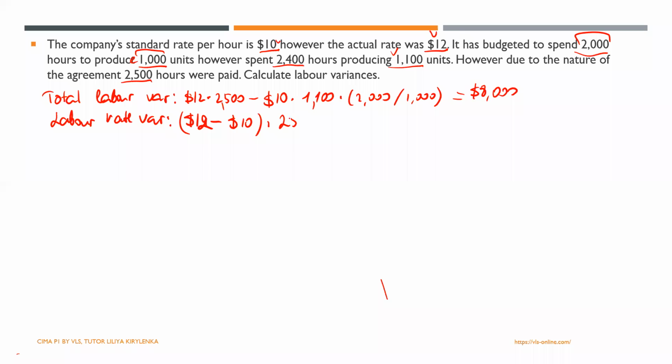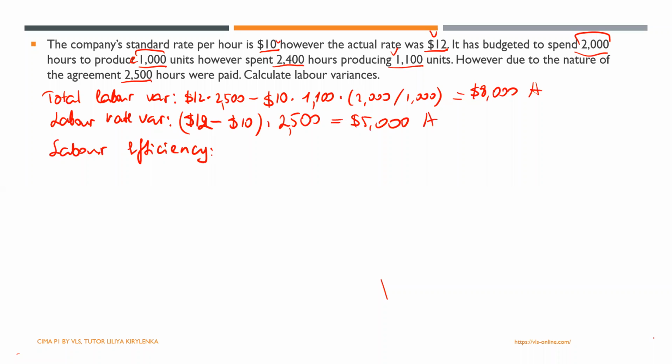That is going to be 2,500. So this means that we have 5,000, and let's note which variance is favorable and which variance is adverse. We paid at a higher rate than we expected, so it's adverse, and we paid more than we expected, and this is adverse as well. Now let's talk about labor efficiency.